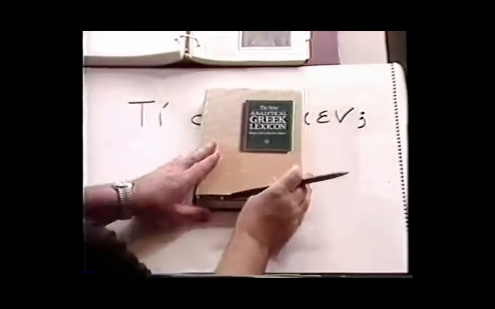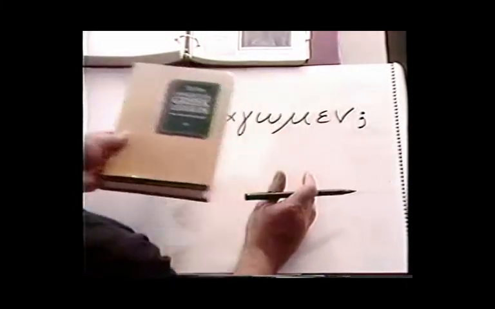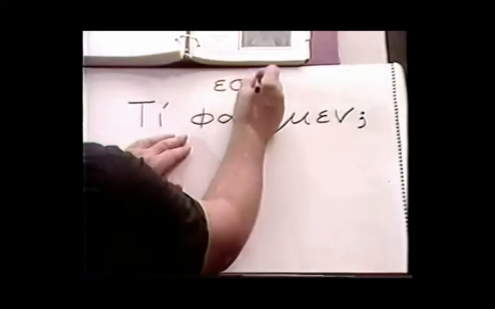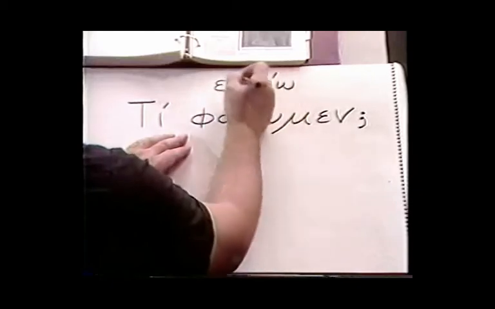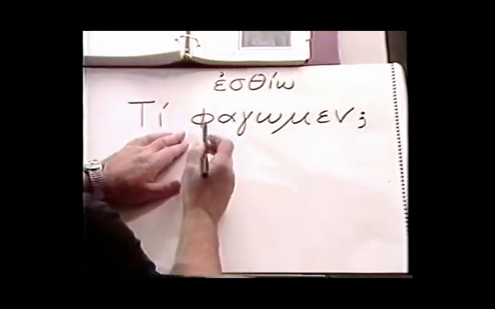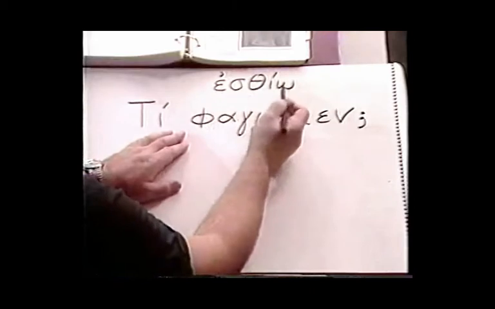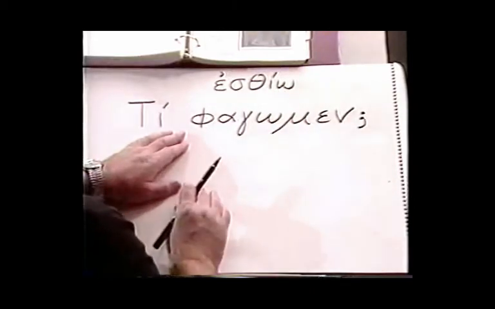You could look up this word phagomen in your analytical lexicon, and it would give you the parsing, and it would also tell you that it's from the verb estheo. My goodness, that doesn't seem to have much bearing, does it, between phagomen and estheo? We must be dealing with what we call an irregular verb.